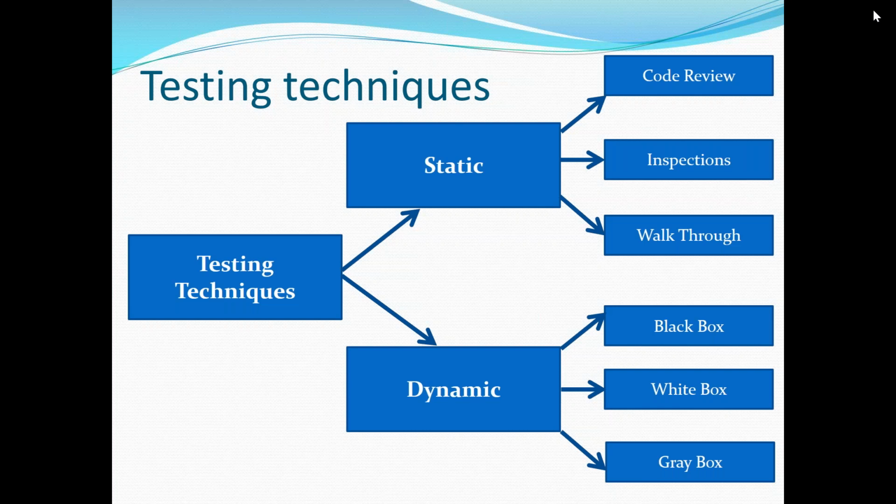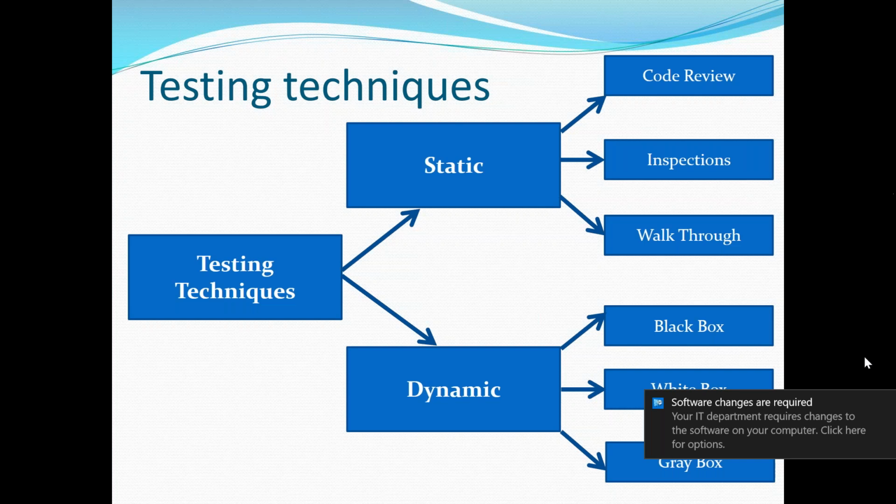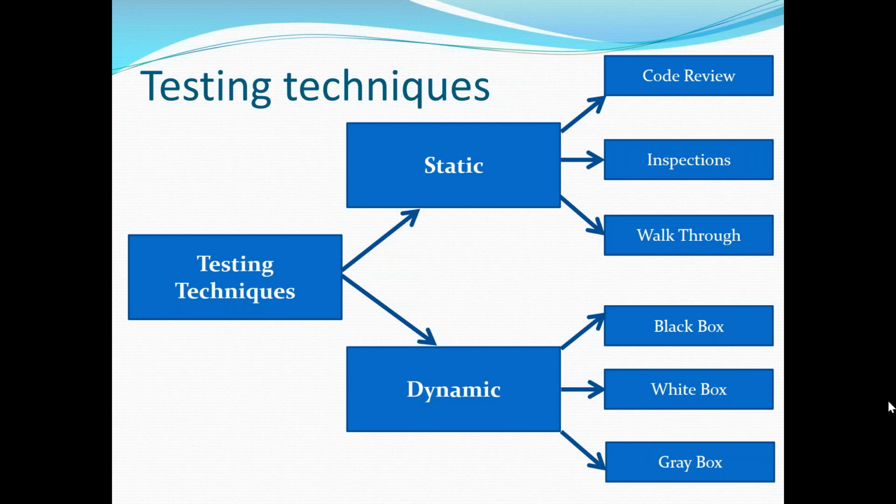Static. Inspection. What is inspection? Someone should inspect whether we are following the correct documents, whether we are writing the code correctly, whether we are following the respective documents or not.